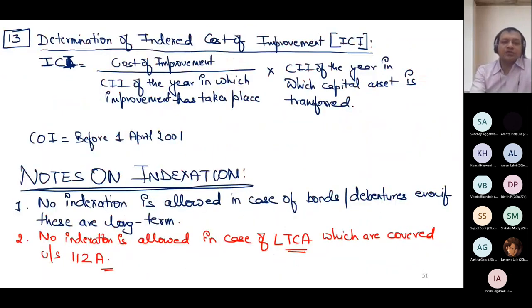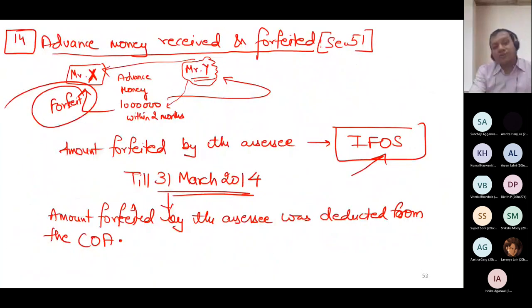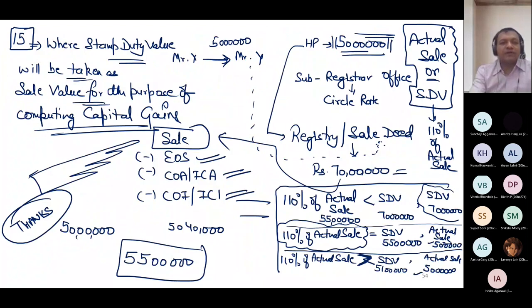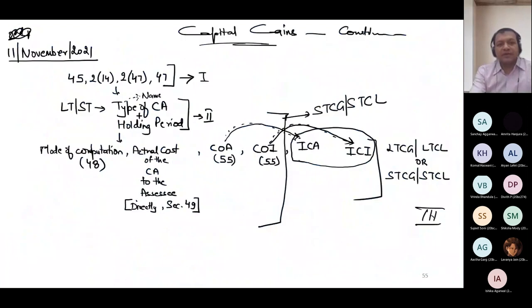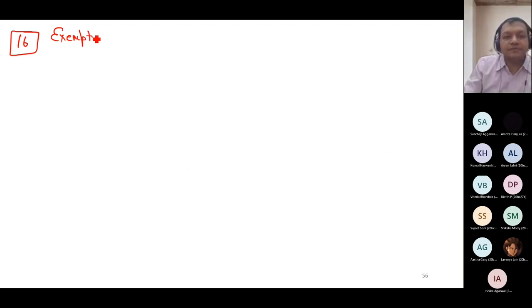Point number 13, determination of indexed cost of improvement and some notes. Point 14, the treatment of advance money received and forfeited, section 51. And point 15, where stamp duty value will be taken as sale value for the purpose of computing capital gains. So now I am starting with the 16th heading. Exemptions under the head capital gains.